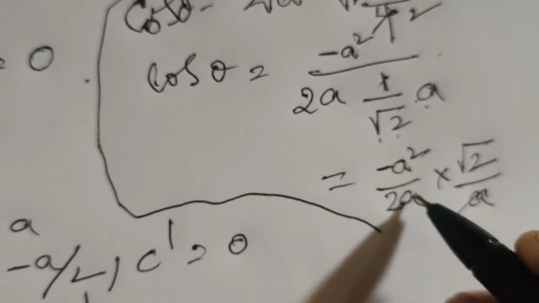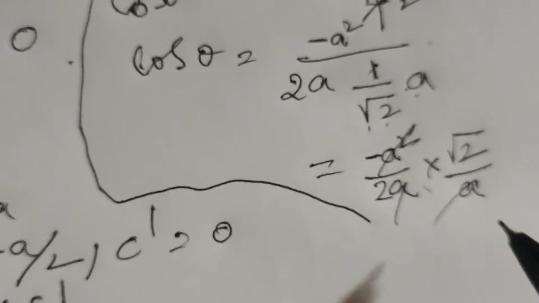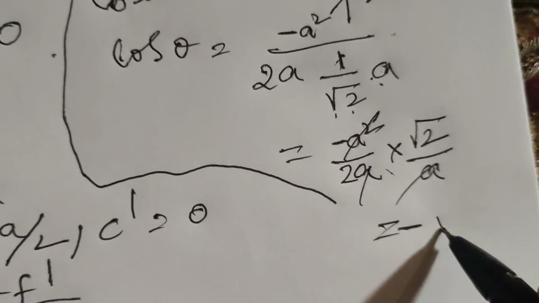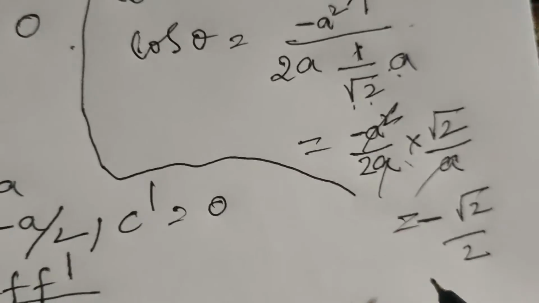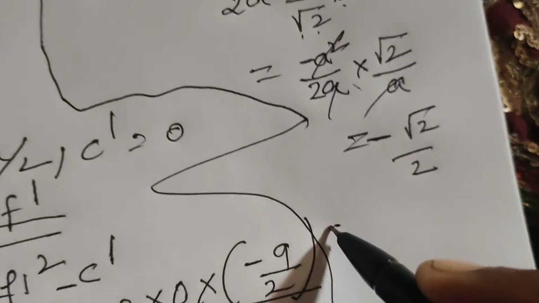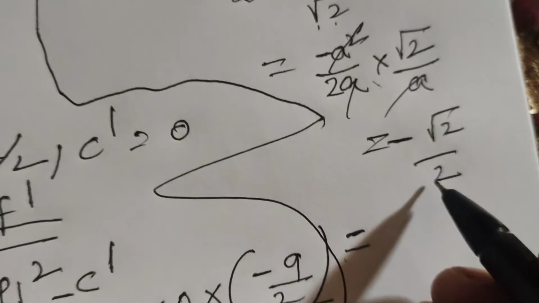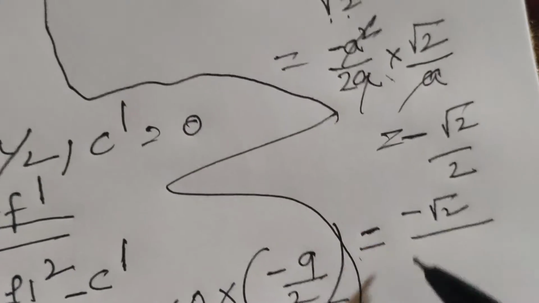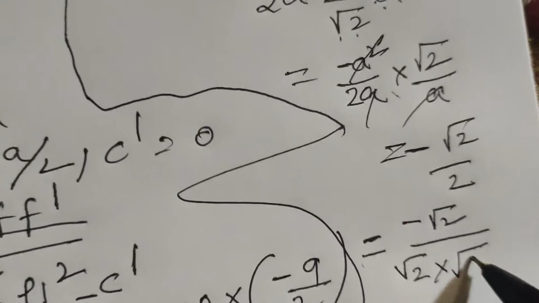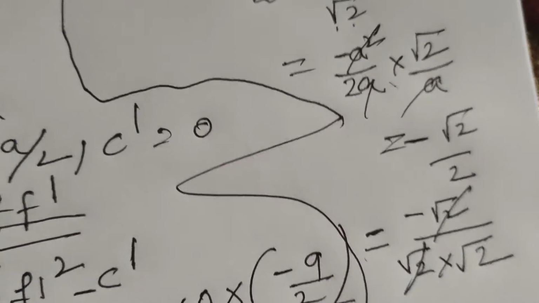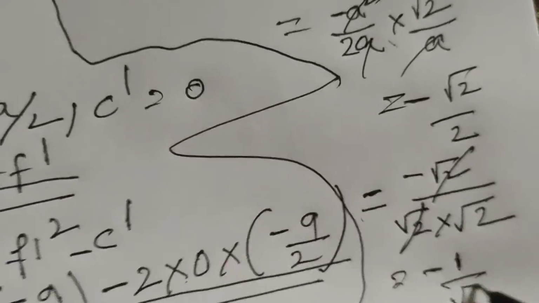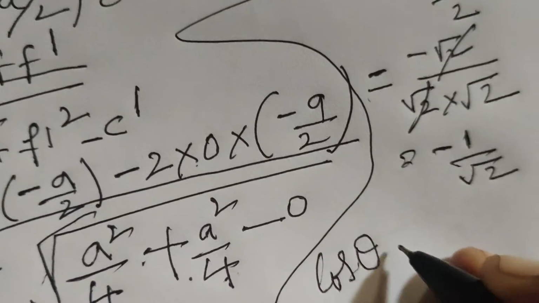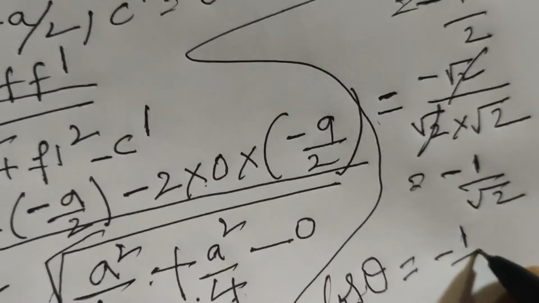Here a and the numerator a² cancel. Then we write −√2/2. That means −√2/(√2 · √2); the √2 cancels, and this is −1/√2. Therefore cos θ = −1/√2.